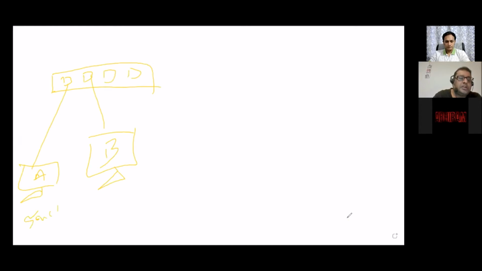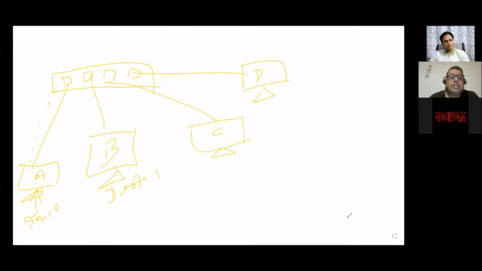assuming source is A and destination is B, in a hub, the data goes from source A all the way to the hub. It reaches the hub, but it doesn't know where B is, because there could be other devices connected, like a C or a D. It doesn't know on which port B is connected.